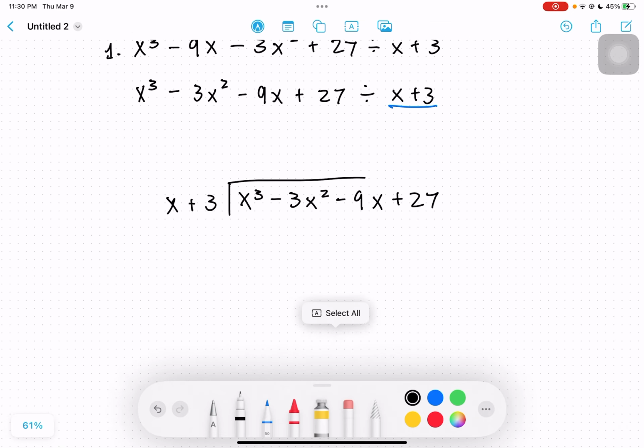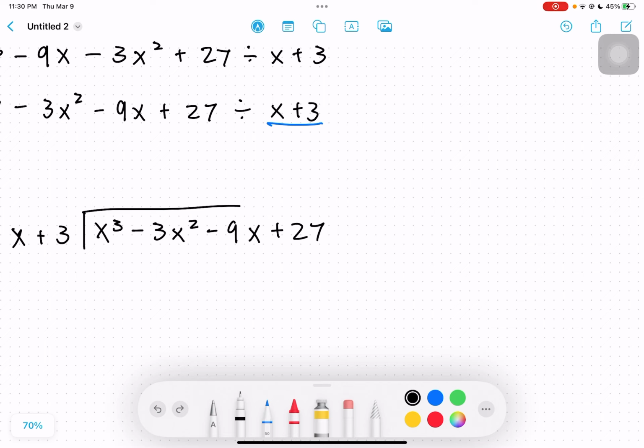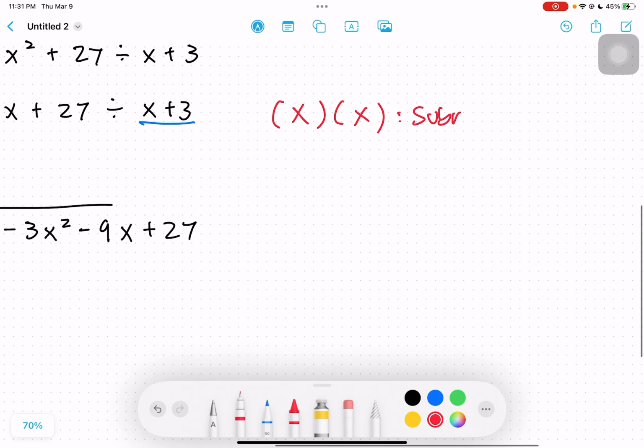First thing you gotta do is divide x by x cubed, and this is the rule that mom gave us. If it's multiplication, you add the exponents.